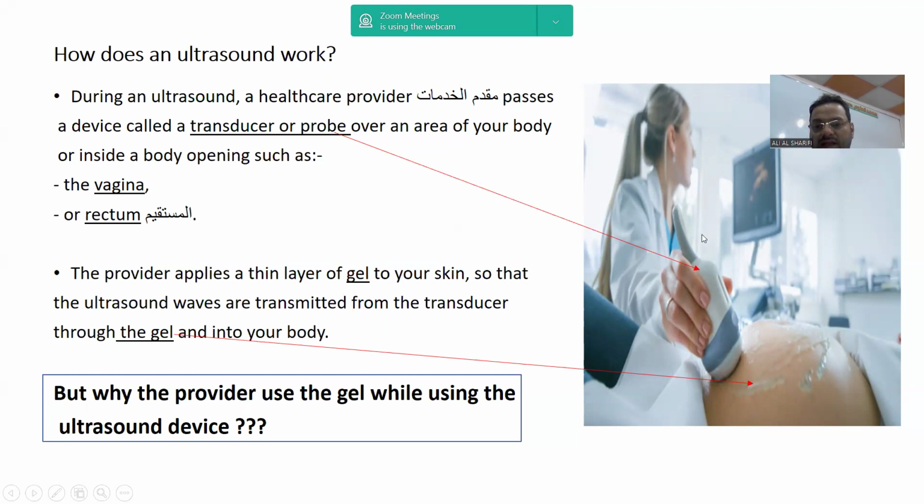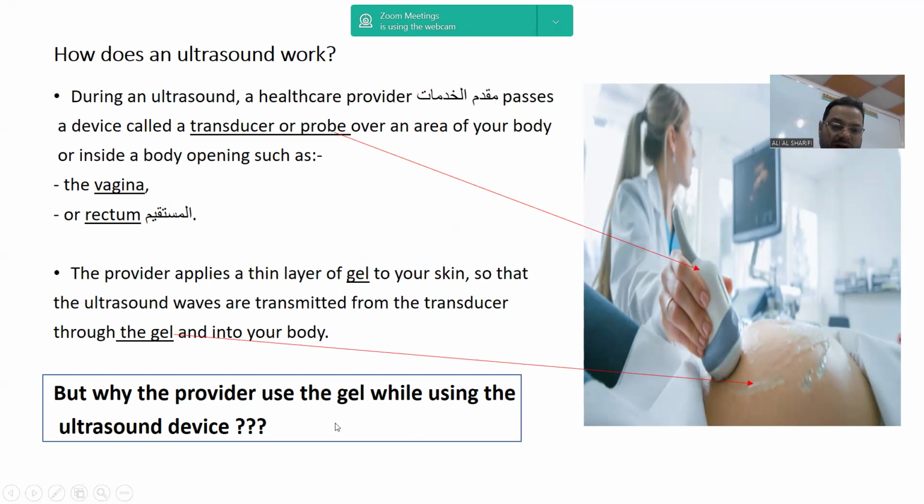When I talked about the most important contents of the ultrasound device, I said the screen, the probe, and the PZT, which is the important thing inside the probe. By using alternating current, we can make the PZT vibrate to generate and emit high frequency ultrasound waves.